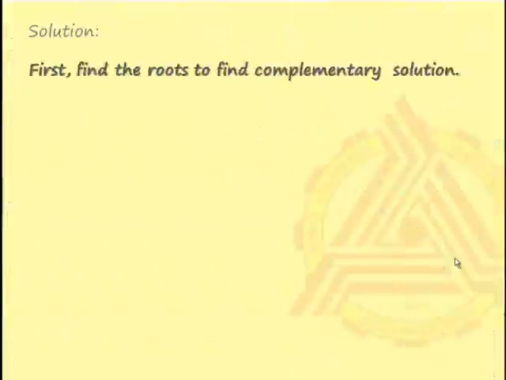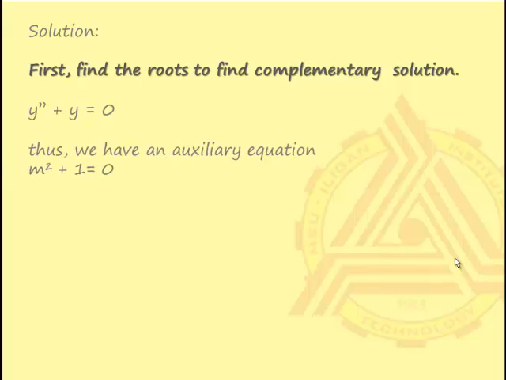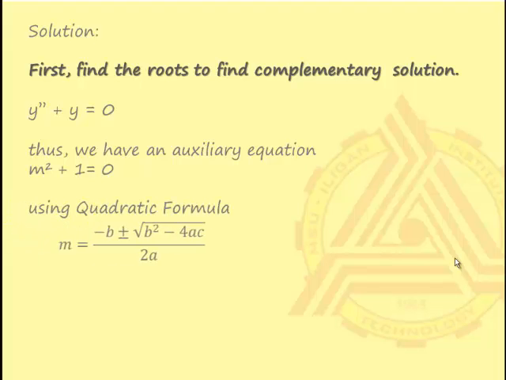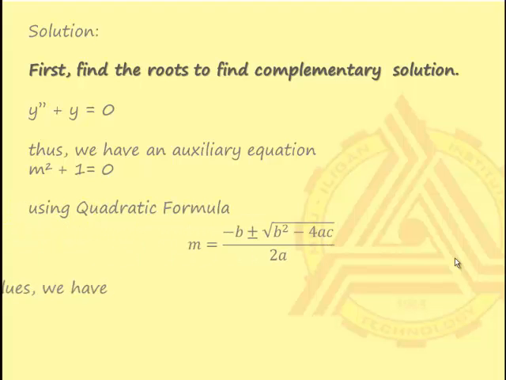Again, we have to find the roots to find the complementary solution, and we set the equation into a homogeneous equation. So we have y double prime plus y is equal to 0. Thus we have an auxiliary equation m squared plus 1 is equal to 0. Using the quadratic formula and substituting the values, we have m is equal to plus and minus i.